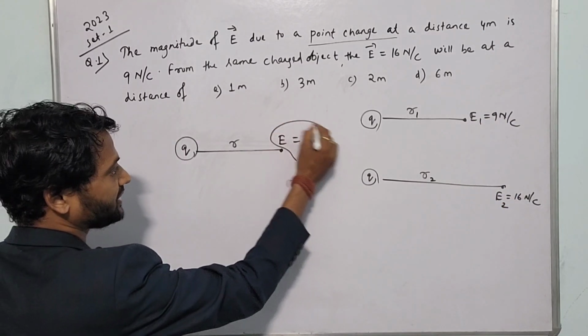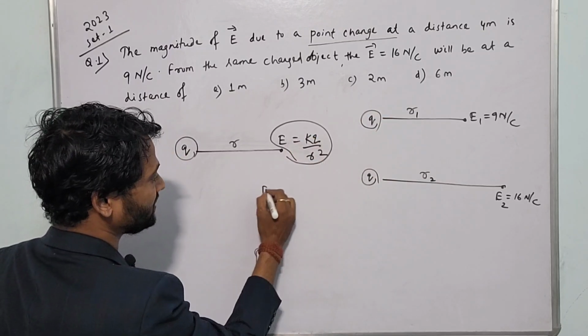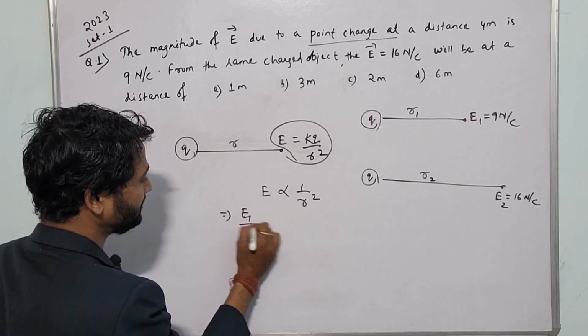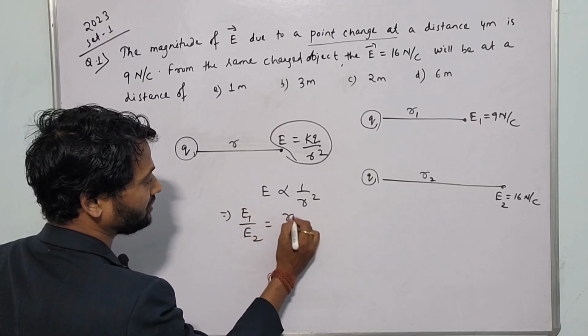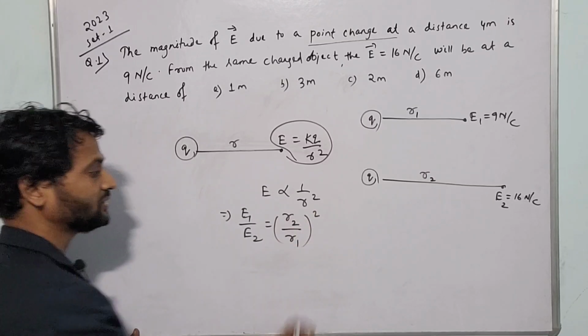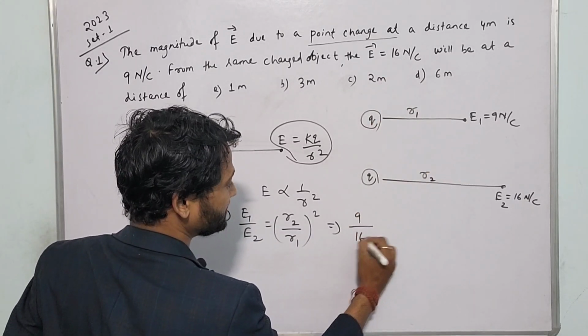So electric field is kq by r square. In both the cases, q is constant, k is constant. So electric field is proportional to 1 by r square. That means we can write E1 by E2 will be equal to R2 by R1 whole square, right? So what is E1? E1 is given here 9 and E2 is given 16.